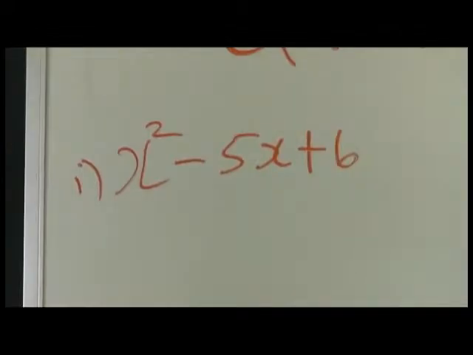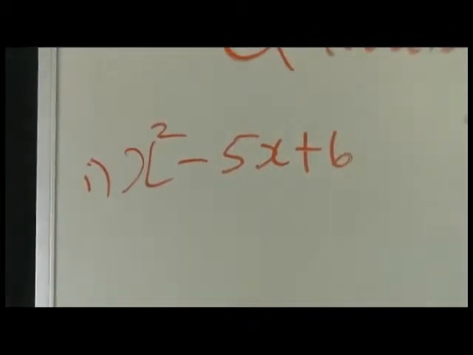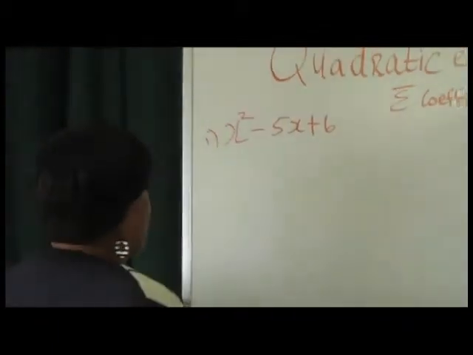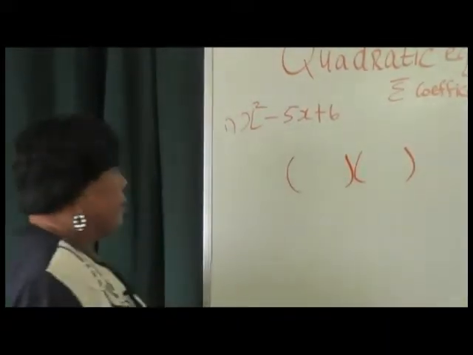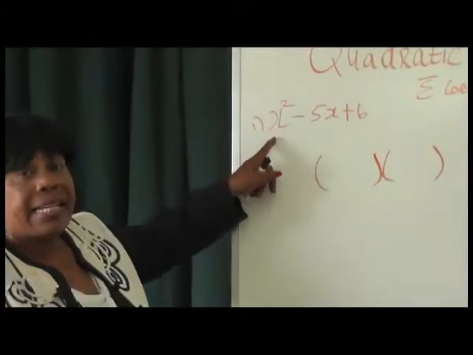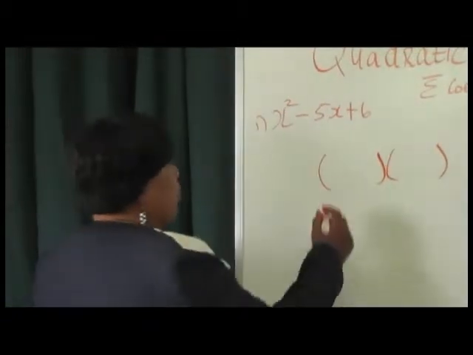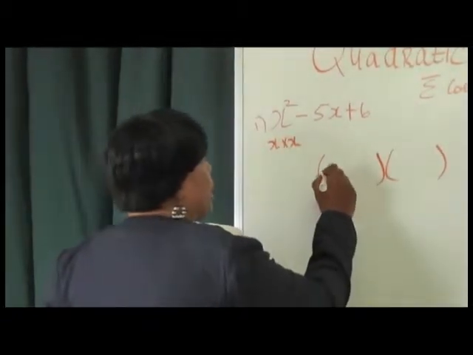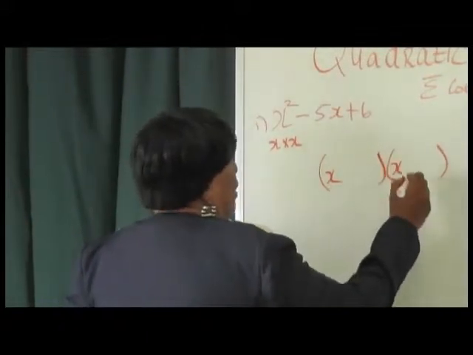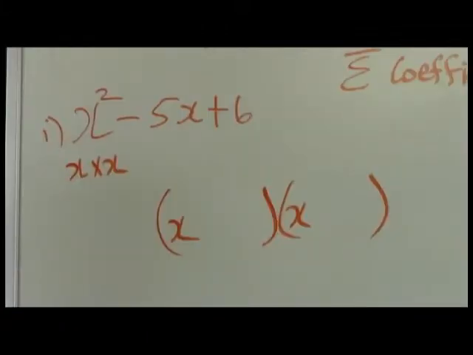So we have the first one here. What would we do if we had to factorize this? And listen to how simple this is. First of all we're putting up two brackets, all right? Where we have our x squared term, we know that x squared means x times x. So we're going to put each of these x's in one of the brackets.